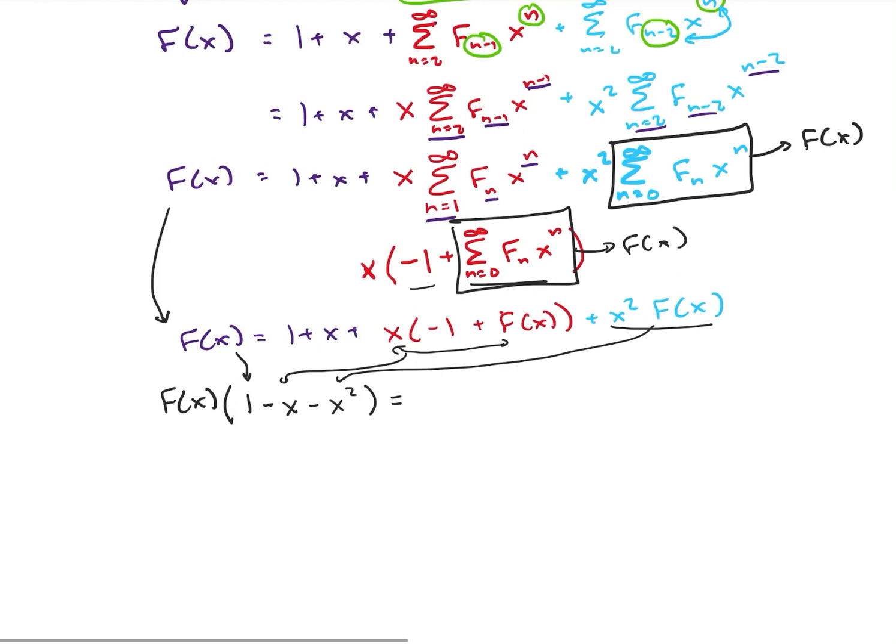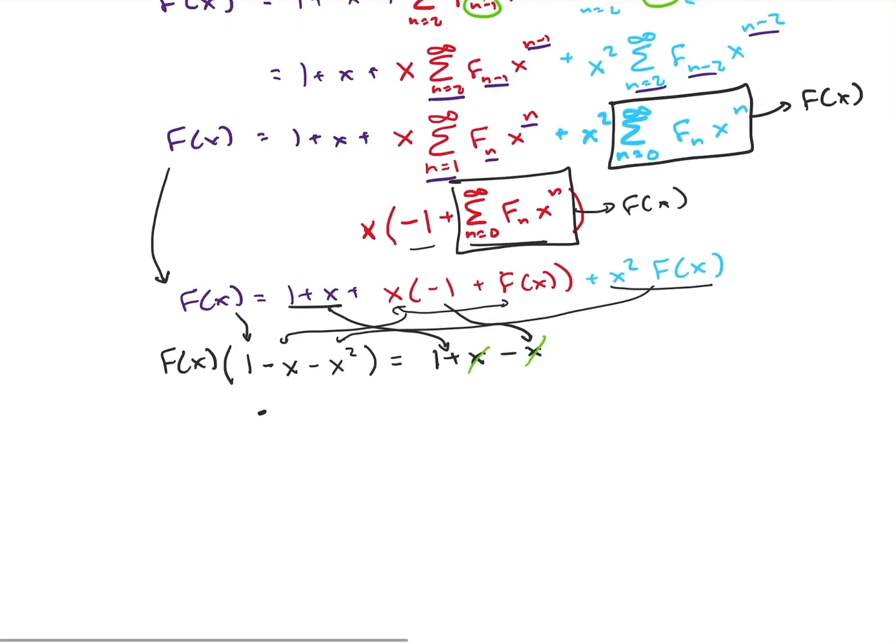And I'm going to have that equal to 1 plus x, so that's just these guys coming down. And then I'm going to have minus x coming from out here. And those are all going to cancel. And what I'm going to be left with is a very beautiful little expression. So f of x is going to end up being 1 divided by 1 minus x squared.